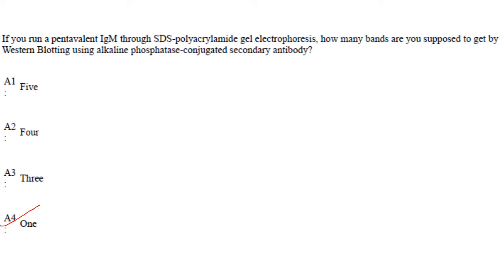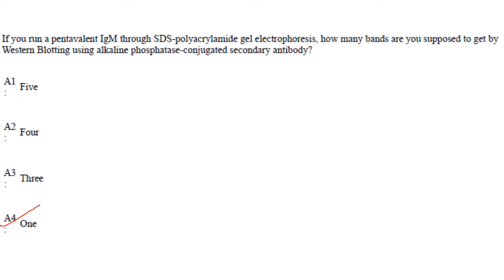They are asking for the number of bands obtained by Western blotting, not by SDS polyacrylamide gel electrophoresis. Remember that. If IgM is reduced properly, you can expect 3 bands corresponding to heavy, light and J chain.